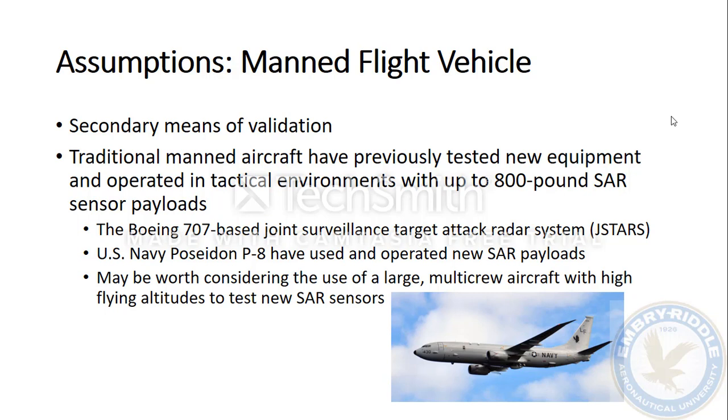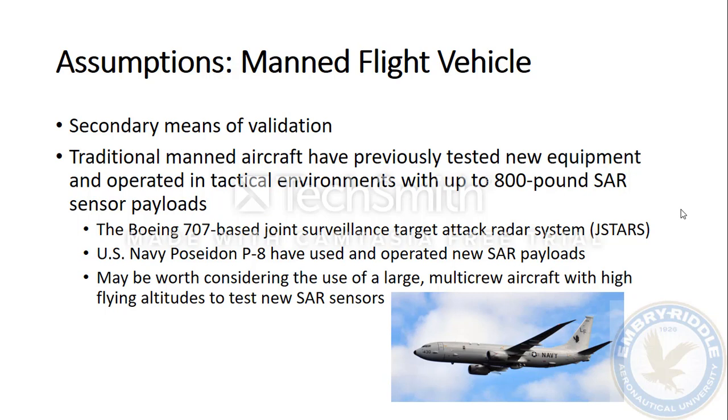And traditional manned aircraft have tested synthetic aperture radars before, with sensor payloads up to 800 pounds. So the Boeing 707 JSTARS seems like a really good idea, at least it did to me at the time. But I also looked into the U.S. Navy's new Poseidon P-8.